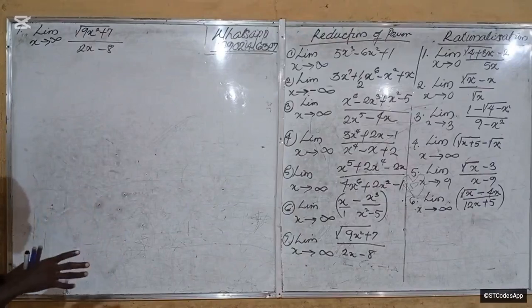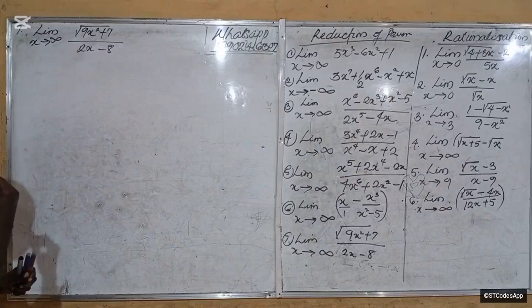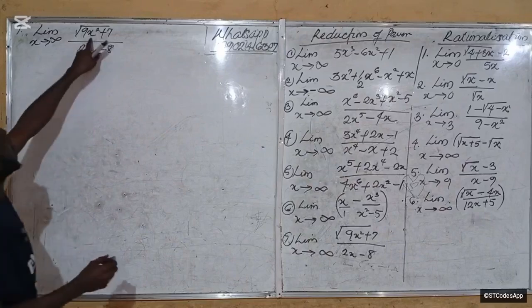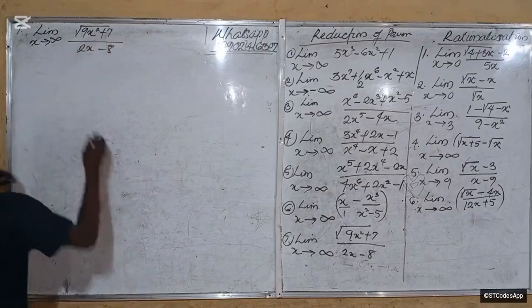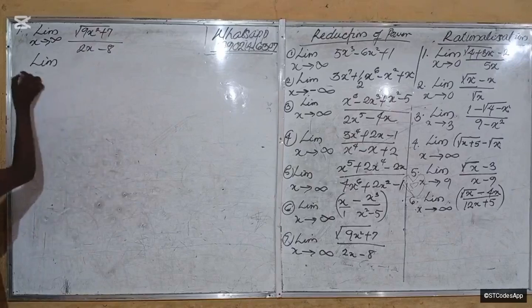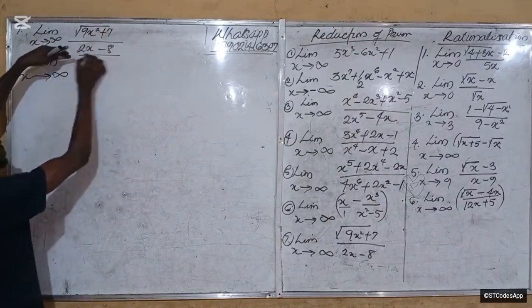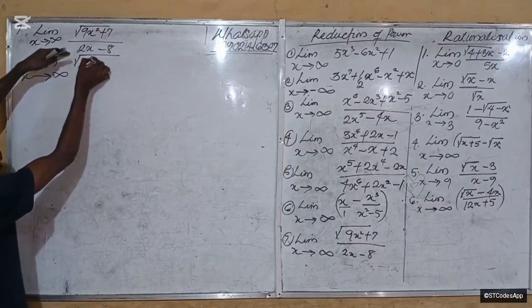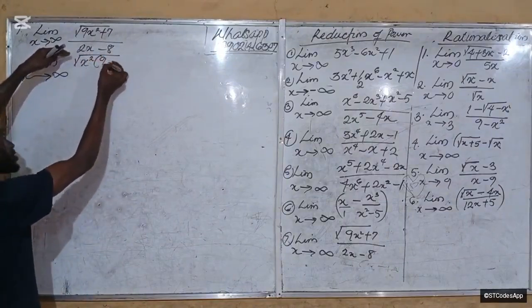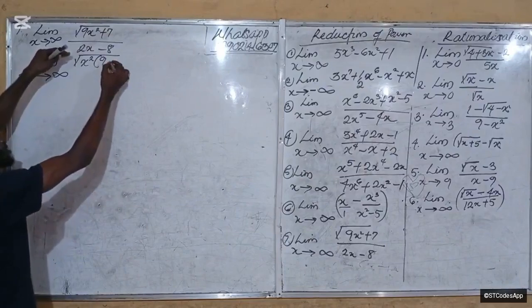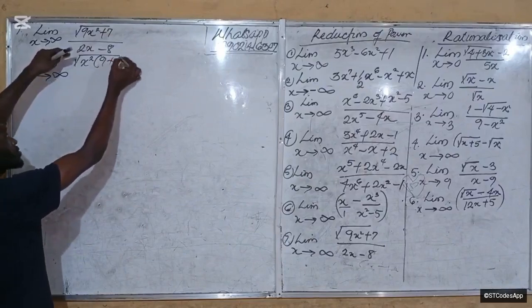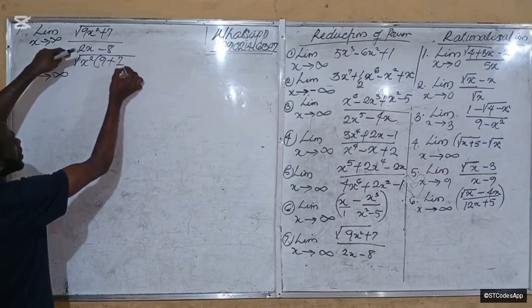What you will do is factor out this x squared. If we do that, the limit as x approaches infinity of this expression becomes the square root of x squared into bracket 9 plus 7 over x squared.